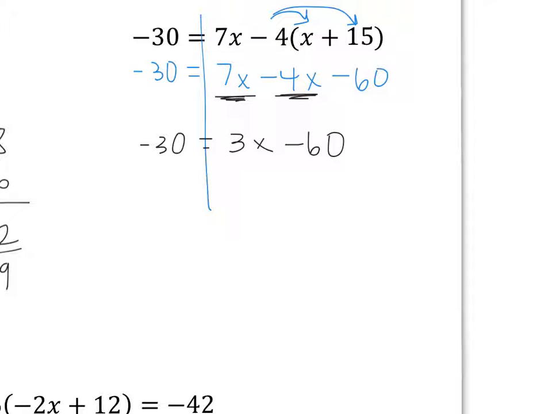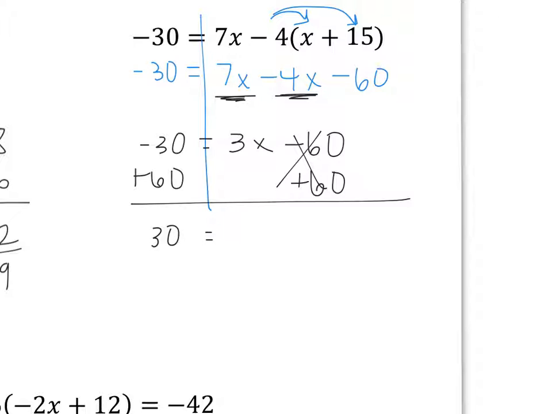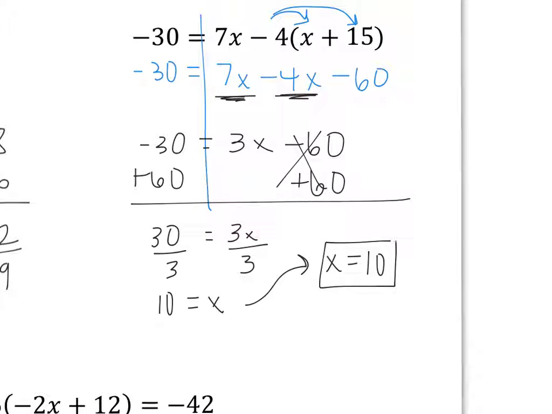And then isolate my variable x, so I'll add 60 to both sides. And negative 30 plus 60 is a positive 30 equals 3x. And then continue to solve. So 10 equals x, or as I like to write, the variable first. So just flip-flop those two and get x equals 10.